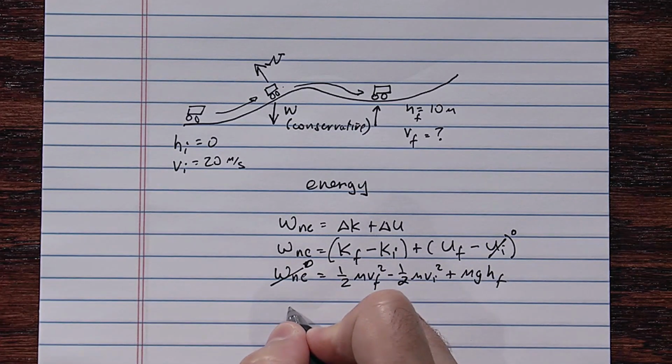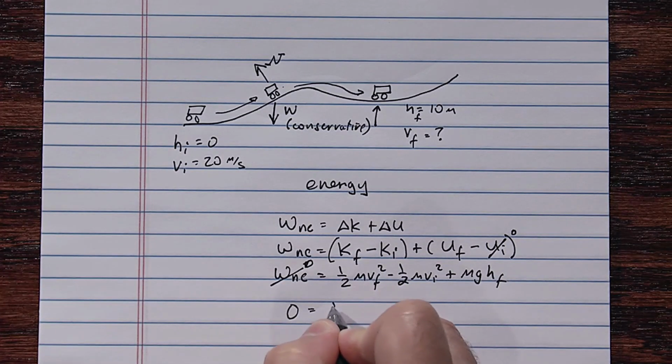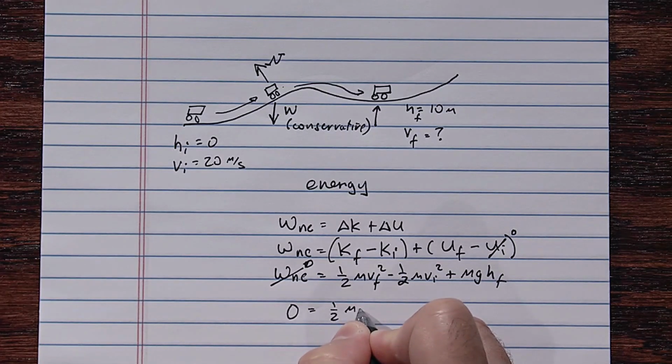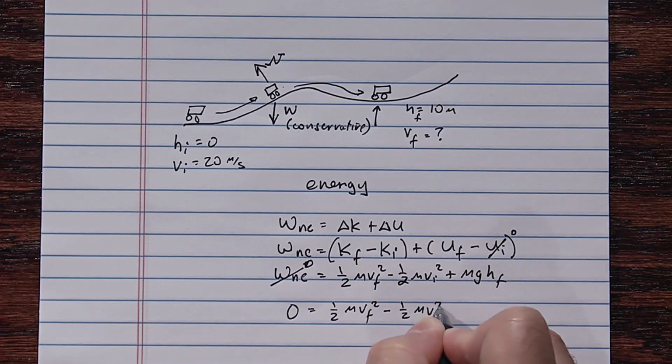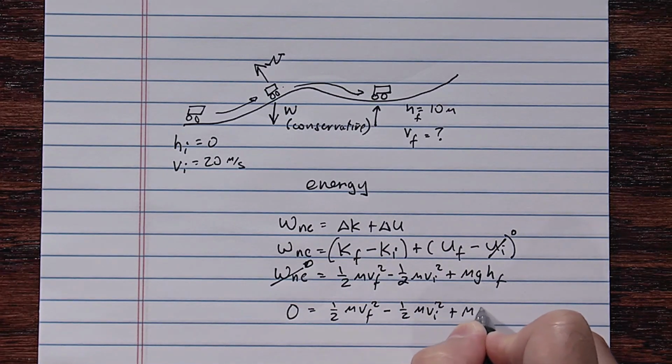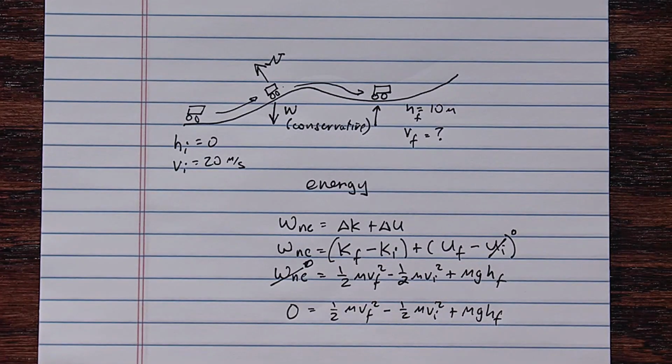So we have 0 equals 1/2 m v final squared minus 1/2 m v initial squared plus m g height final. V final squared is what we're looking for. We know V initial, we know g, and we know height final.